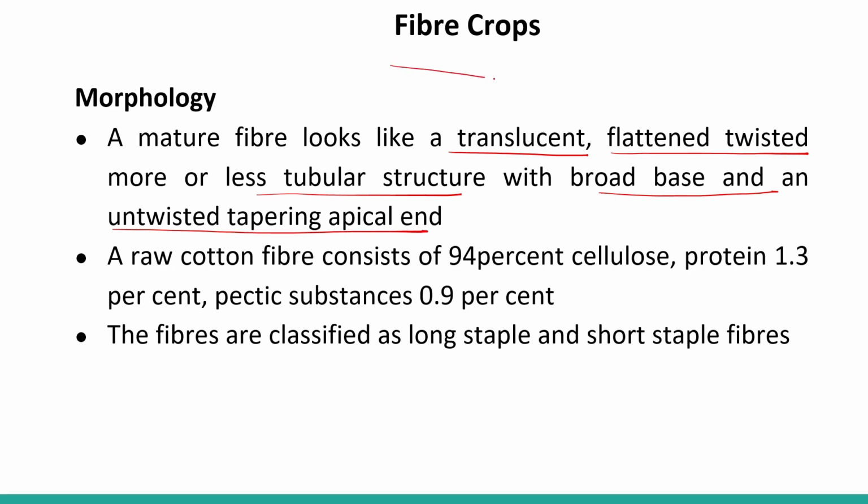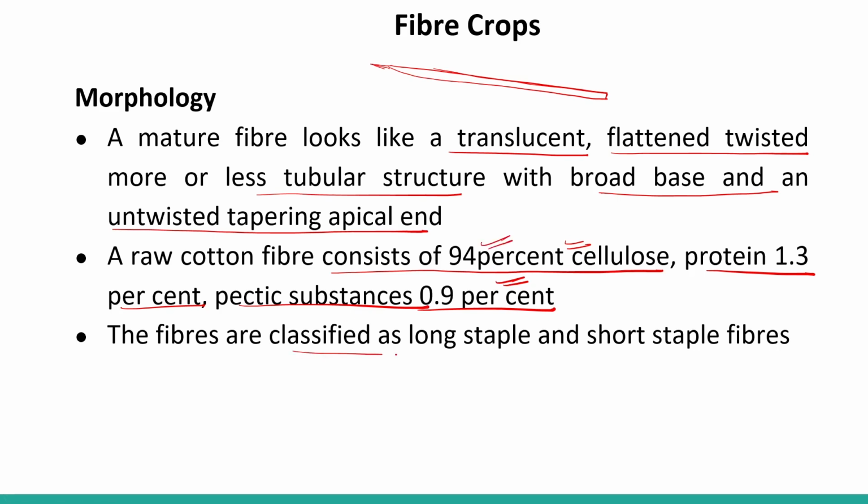These fibers have a long lumen, and at the base they are quite broad, and at the top they taper. A raw cotton fiber consists of 94% cellulose, protein 1.3%, and pectic substances, just 0.9%. So basically they constitute 94% cellulose.